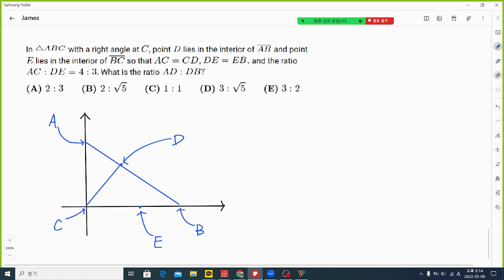I think it's better to choose. CD, DE is equal to EB.